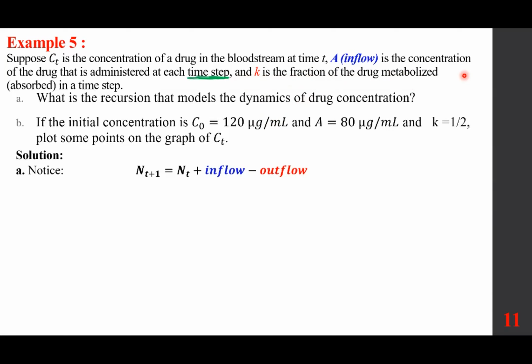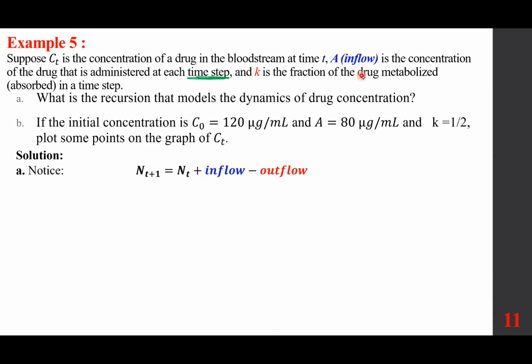Now, because the next part gives us C sub 0, which I'm going to discuss in a moment, I'm going to replace the capital N with capital C. So this becomes C because of part B. The inflow, we call it A, and the outflow. K is the fraction of the drug that is absorbed. If 10% is absorbed, 90% is left.